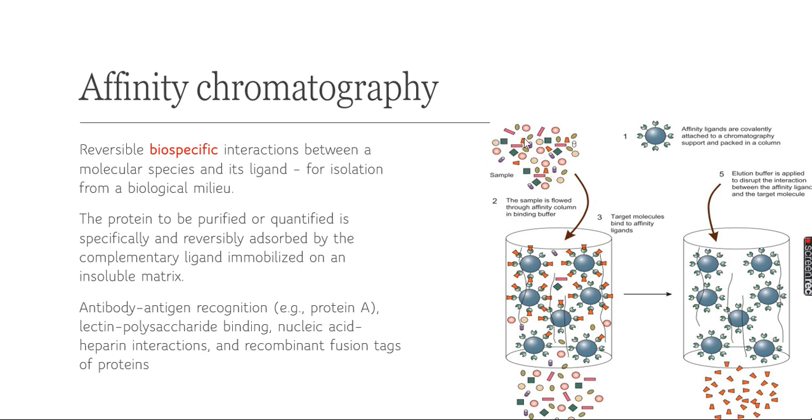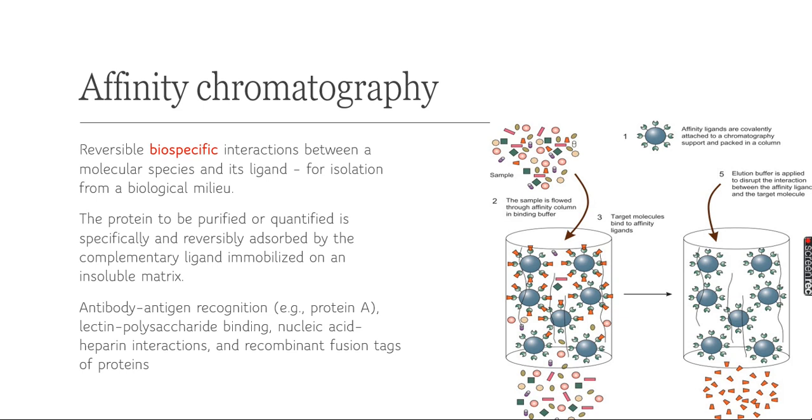The sample is a mixture; different compounds are present. The sample flows through the affinity column along with its binding buffer. You can see the specific compounds are attached to the ligand molecules, while the non-specific ones come out, as they are simply not being used.